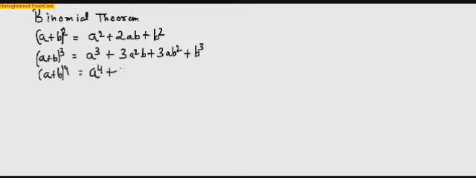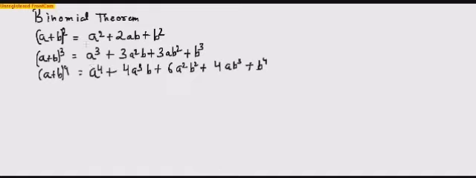That is a to the power 4 plus 4a cube b plus 6a square b square plus 4ab cube plus b to the power 4. Now guys, how am I able to accomplish this without actually remembering the formula?